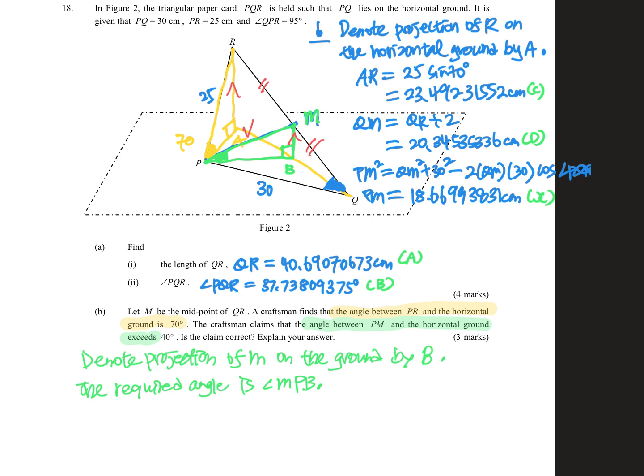AR was already found in the previous steps, which is C, right? So C divided by 2 is 11.74 and so on. We save that to be Y. And then we got BM as well.